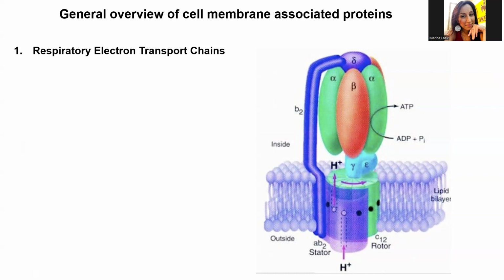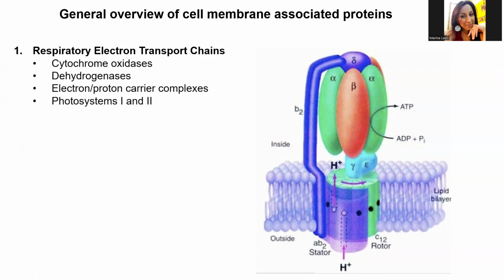The cell membrane is a component of the microbial cell that hosts the respiratory electron transport chain, which contains cytochrome oxidases and dehydrogenases, proton complexes, and photosystems 1 and 2 if it's a photosynthetic membrane. Also proton channels, because proton motive force is extremely important.